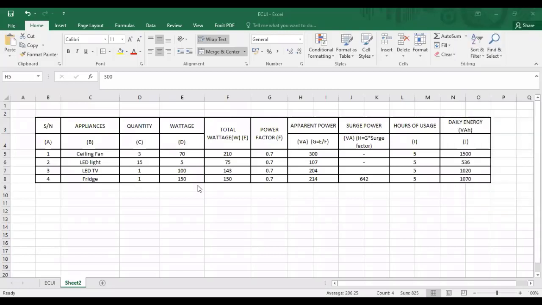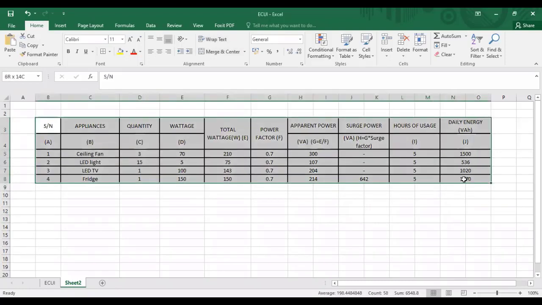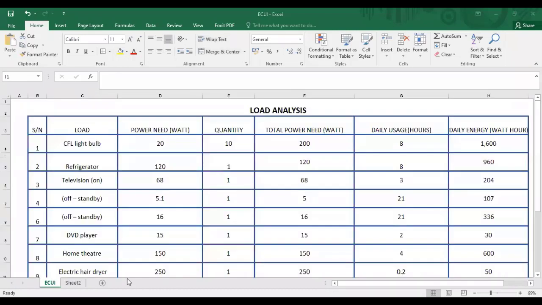If you can't see it, let me know. Is it visible for everyone, or is it tiny at your end? If you can see it clearly, that's very good. Okay, beautiful.